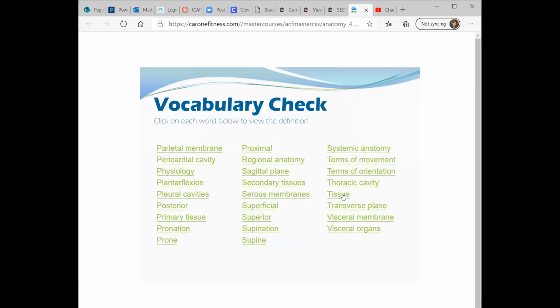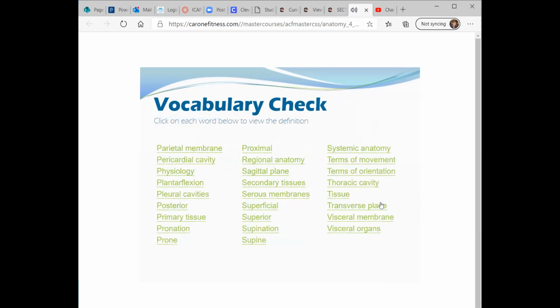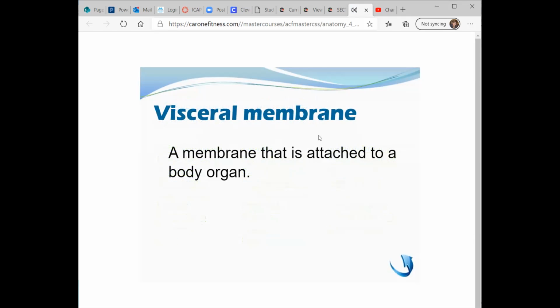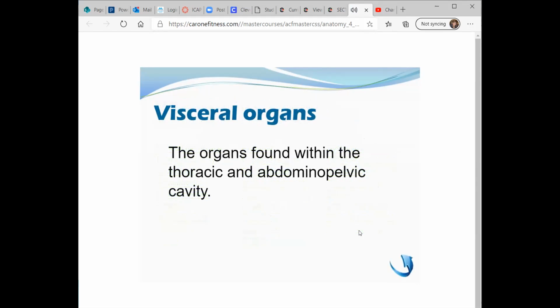Thoracic cavity, like the superhero. Tissue, group of like cells combined together in the body. Visceral, a membrane that is attached to a body organ. Visceral organs, organs found within the thoracic and abdominopelvic cavity.